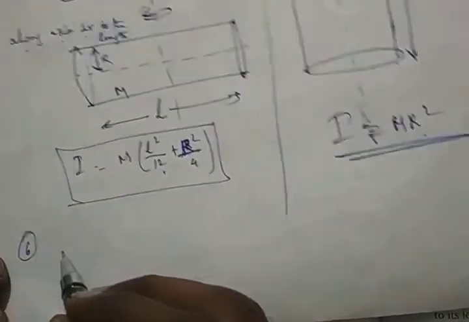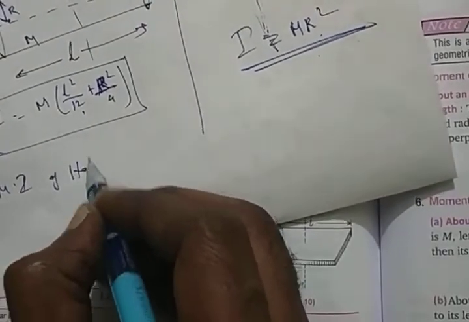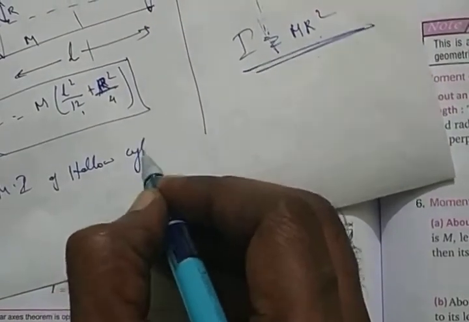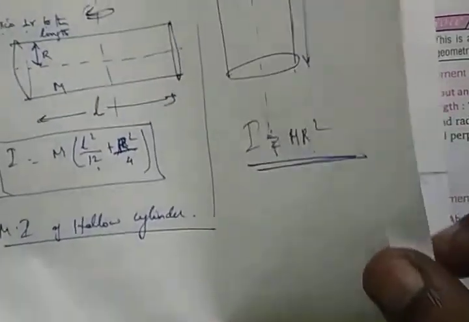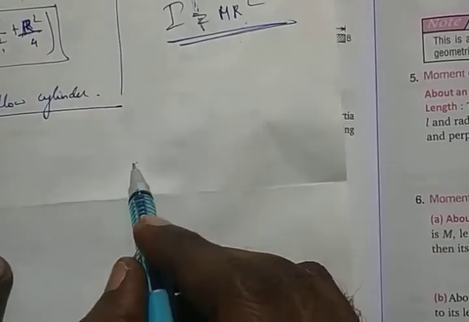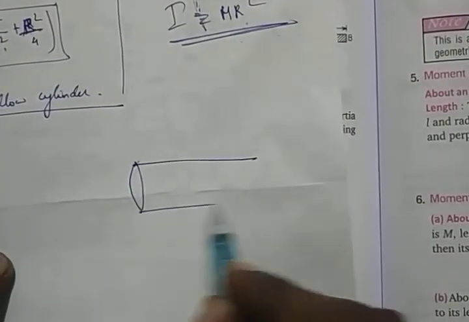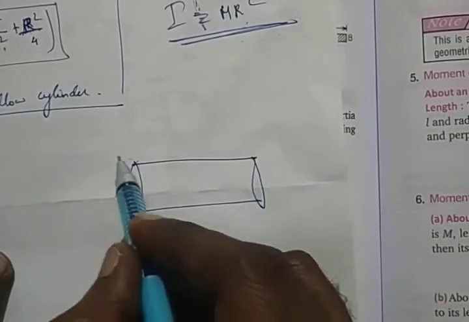Okay. So the sixth one, moment of inertia of a hollow cylinder. What will happen to that hollow cylinder? So you find a cylinder like this.